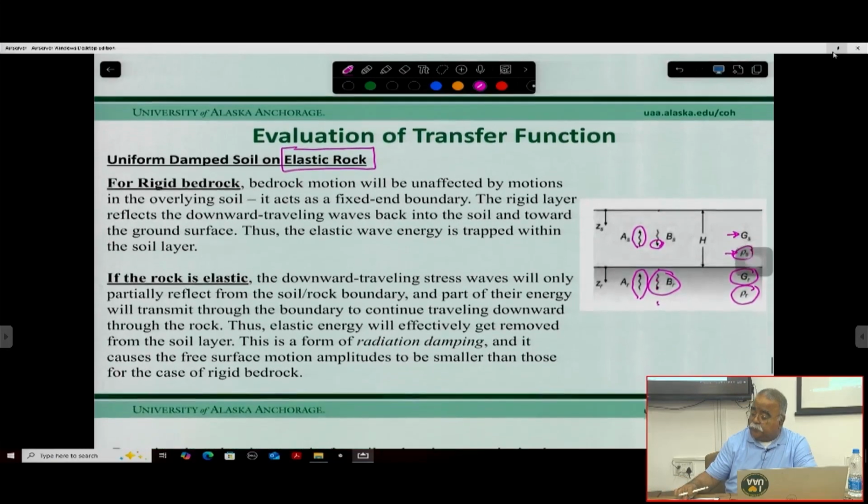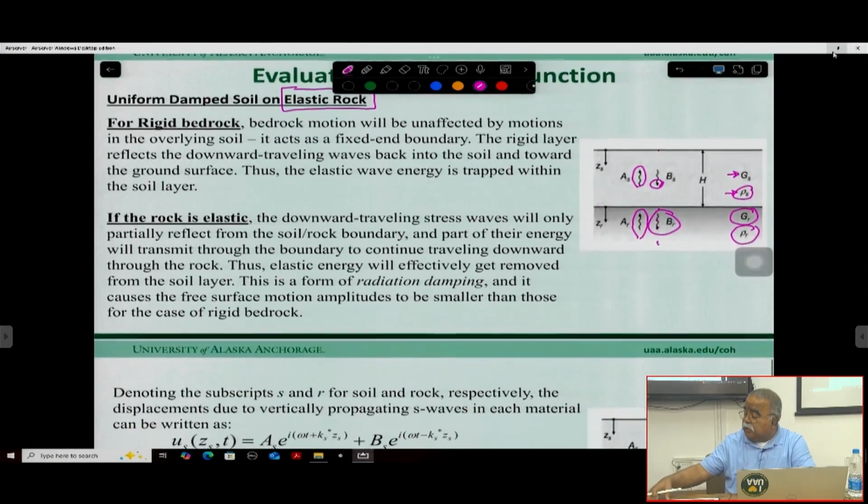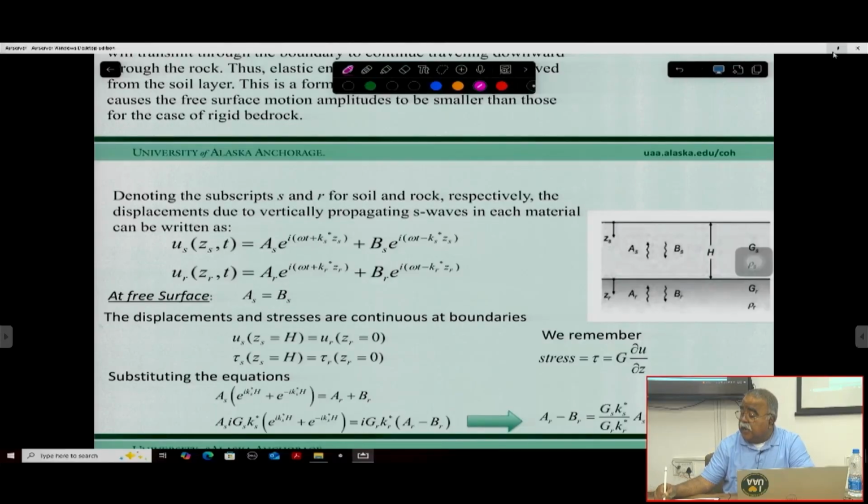So this is your elastic medium, so that means the rock will now transmit the wave, unlike the rigid bedrock where the rock was not transmitting anything, right? We are denoting S for the soil and R for the rock, right? So these are the two things we are writing out.